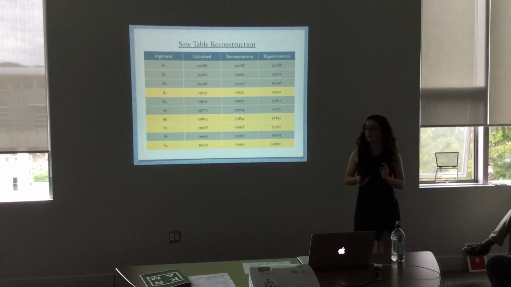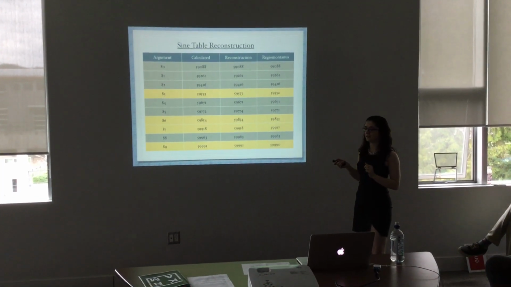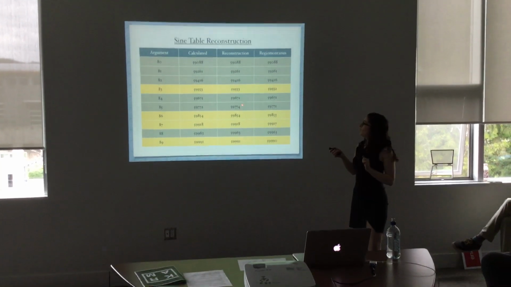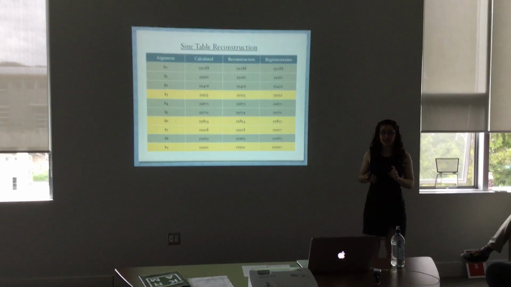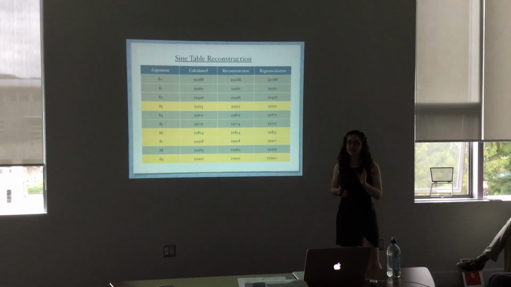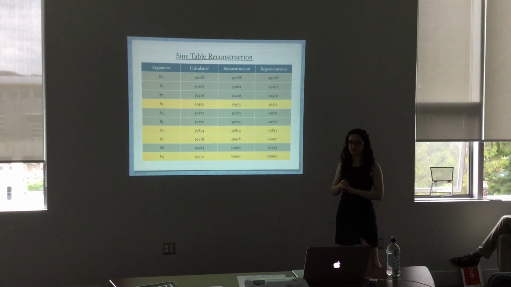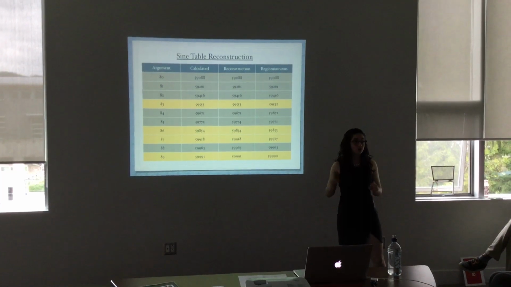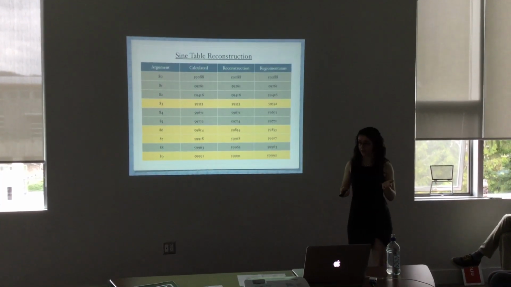And the other thing that's weird is that if we compare these reconstructed values to the calculated values, so the one that Kailyn generated in Excel, we can see that those ones do match every time. So what this means is that the reconstructed sine and cosine tables are more accurate than the tables that Regiomontanus printed right alongside his tangent tables in the same book. So we know he had better tables and didn't print them, which is strange.